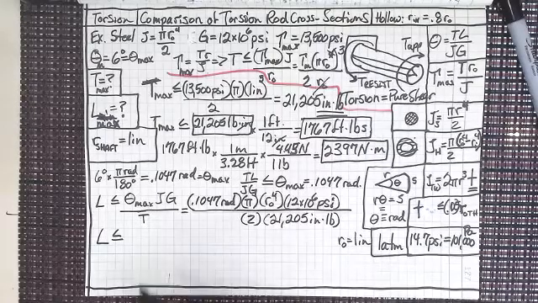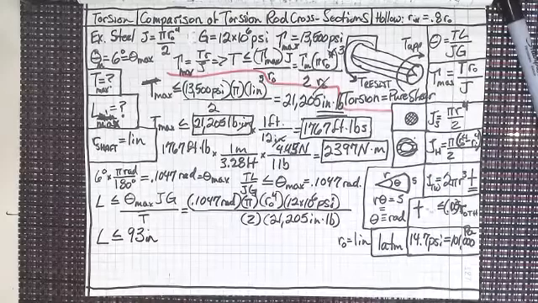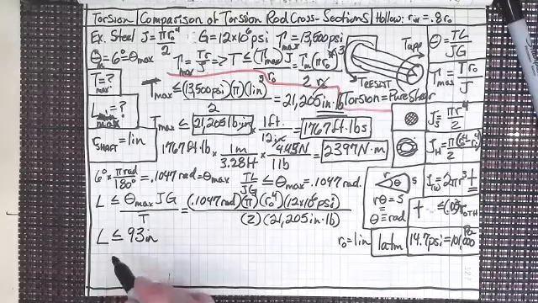That gives me, keeping our units correct, inches, 93.0699. So we could say 93.07, but I'm going to say that it's 93 inches.